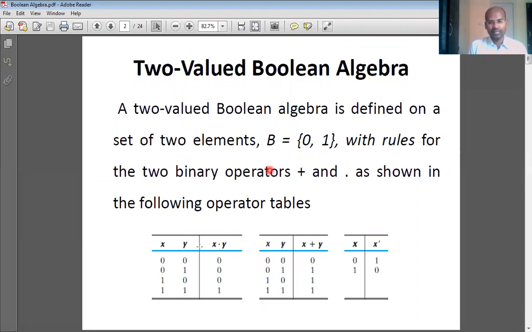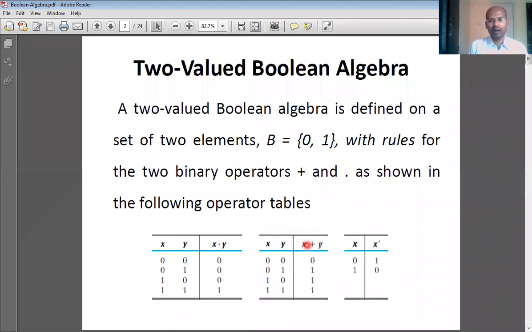And what are the operations? Binary multiplication is represented by dot. Let x and y be two Boolean variables, and binary multiplication between them is represented by x dot y. If I don't say anything, by default x and y are Boolean variables.